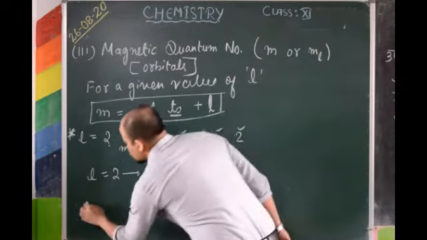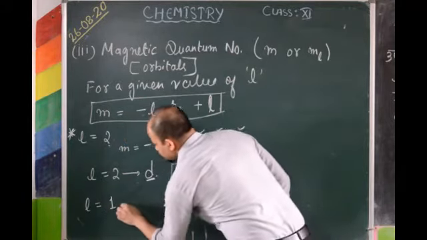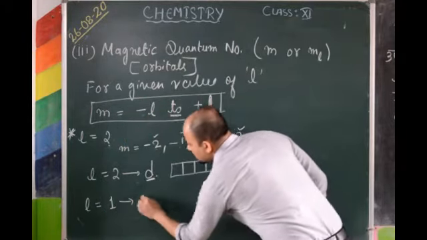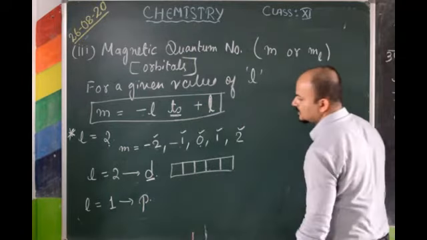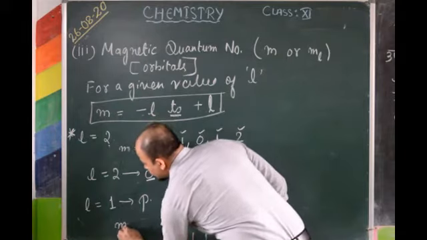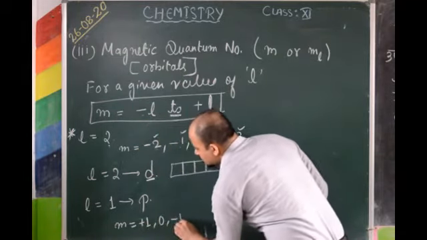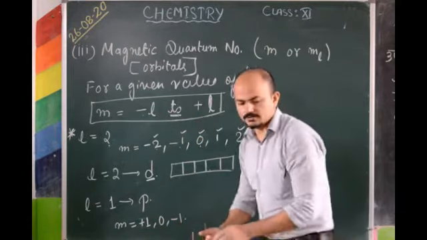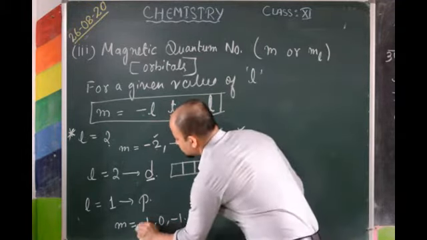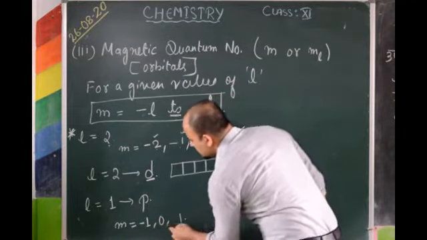Similarly, for a given value of, say, l equals 1, this would correspond to the p subshell. Yes or no? And what would be the value of m then? m would be plus 1, 0, minus 1, or you can write it the other way also: minus 1, 0 and 1.